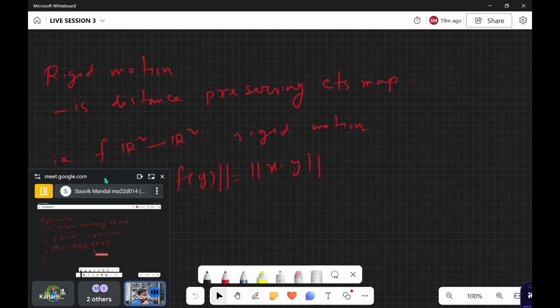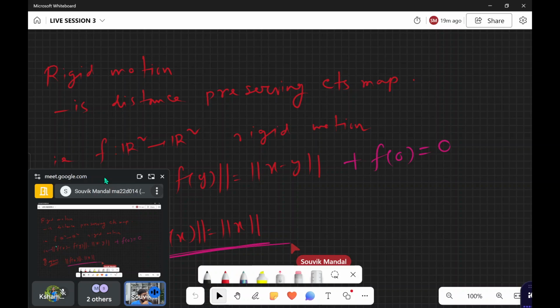This is the same as saying that F(x) minus F(y) has the same norm as x minus y. One more thing is the additional definition F(0) = 0. Either you can say these two or you can say this.